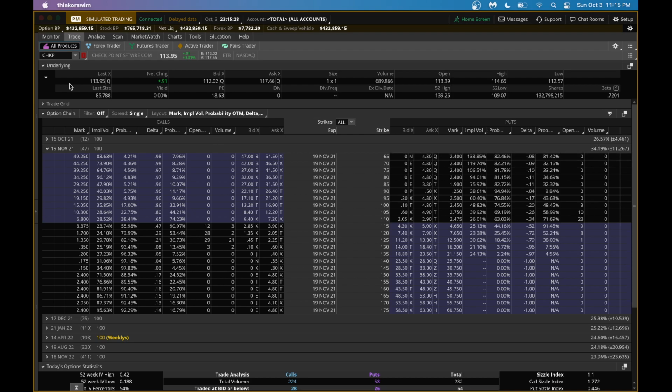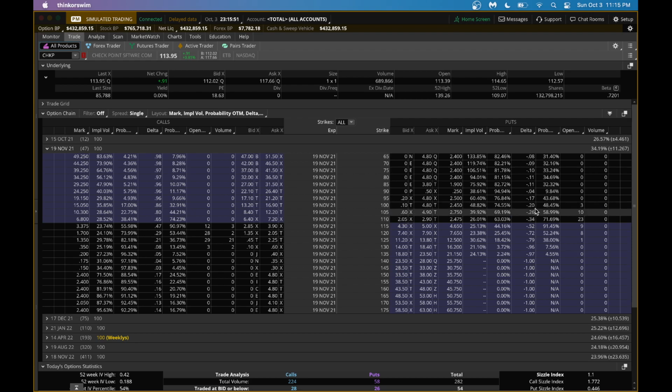So right now the stock is at 113. It can go up by $11 or down by $11 by November 19th. So if you sell around 105, that's maybe not $11 up, but a little higher, a little bit risky, but I think it's probably worth it.